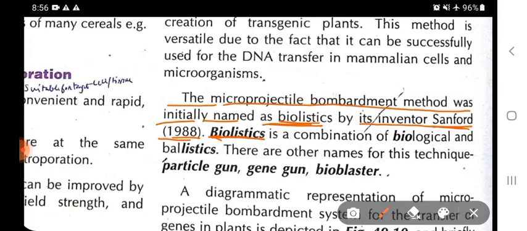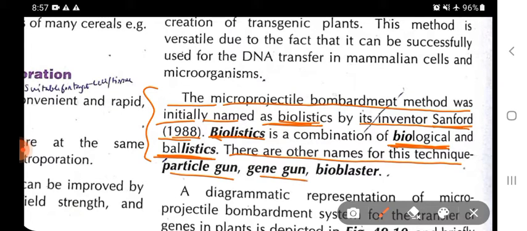Biolistics is the combination of biological and ballistics. Through this biological ballistic method, we introduce our desirable target DNA into plant cells or animal cells. There are also other names for this technique, like particle gun, gene gun, bioblaster.